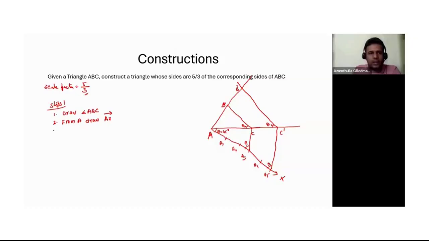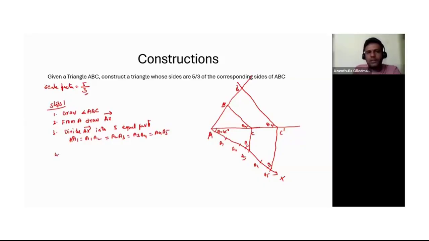So that we did. And now divide AX into 5 equal parts. That is A1 equal to A1 A2 equal to A2 A3, that equal to A3 A4, that equal to A4 A5.